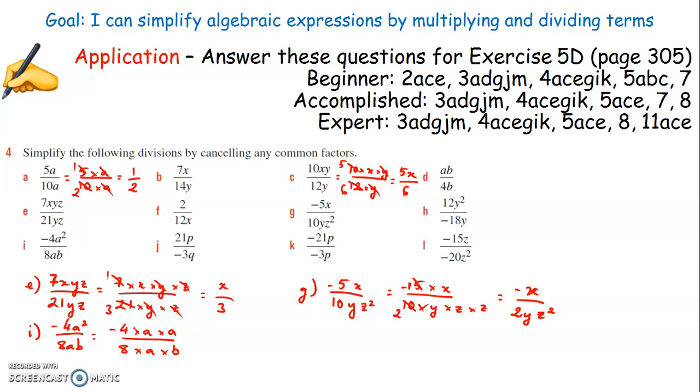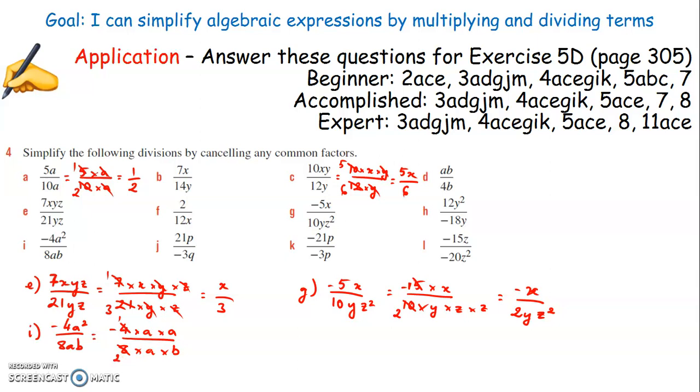Another trick is that you can also just ignore the negative for the moment. It's still there, but we ask ourselves what number can go into 4 and 8. That number would be 4. So 4 goes into 4 once, and 4 goes into 8 2 times.